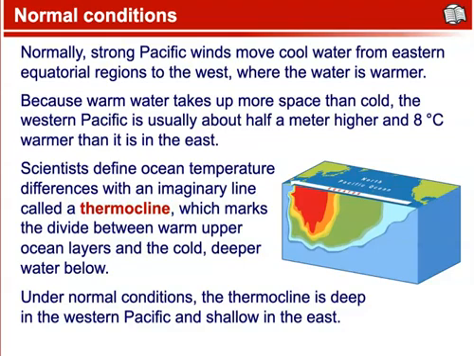Between these two regions is the thermocline, a transition layer that separates the warm and cold layers. Therefore, a shallow thermocline means that cold water is close to the surface, while a deep thermocline means that the upper mixed layer of warmer water is very deep.